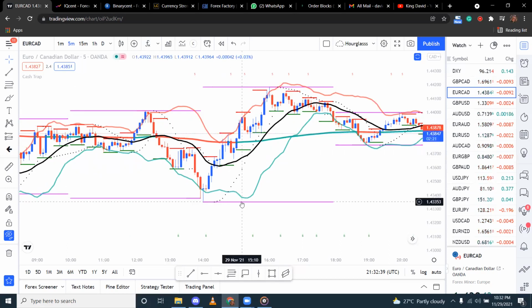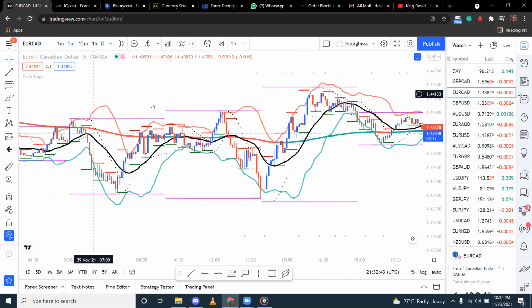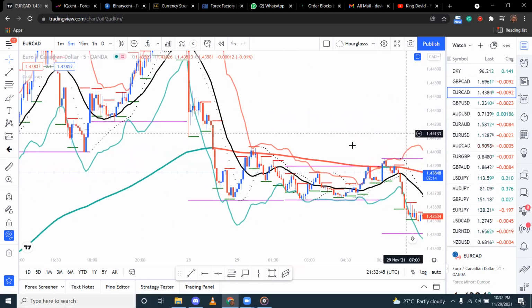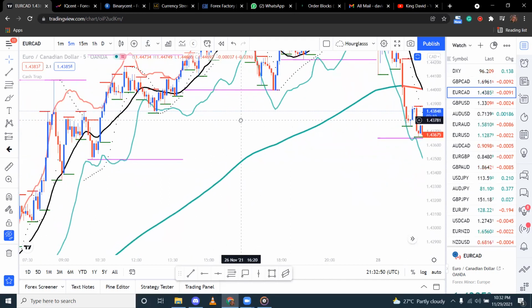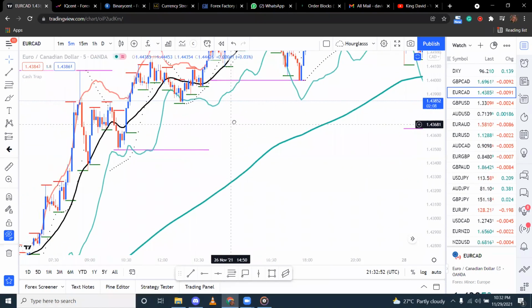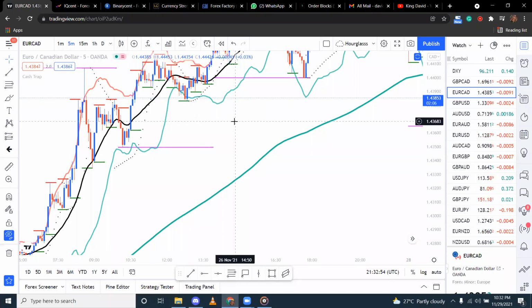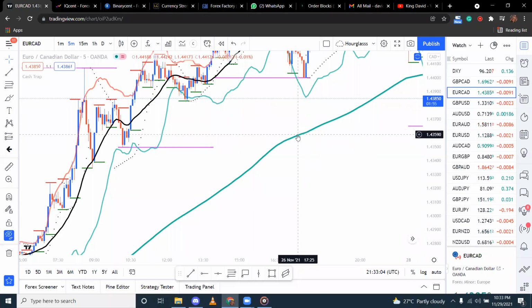So now, what are the works of all these things I mentioned? The first thing to look at, before you even know what to trade, to know whether to look for a buy or a sell, is the 200 moving average.